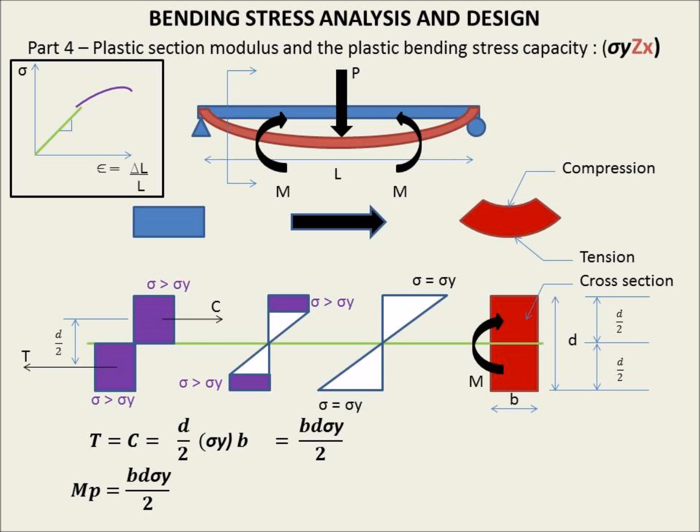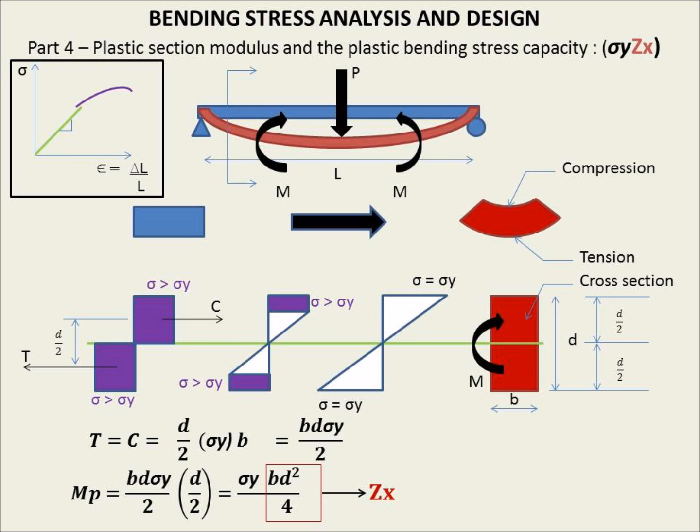The plastic moment, the amount of moment that causes the entire cross section to reach yielding, is equal to the tension or the compression, which is B D times the yield stress, sigma Y, divided by 2, times the lever arm, which is D over 2. So what we get is sigma Y B D squared over 4.